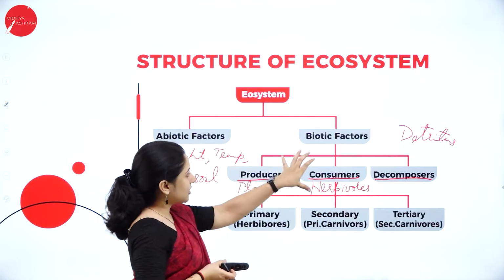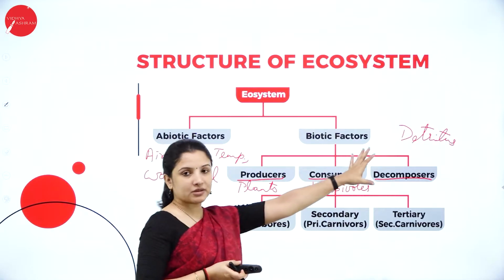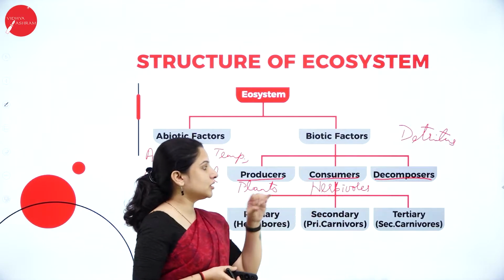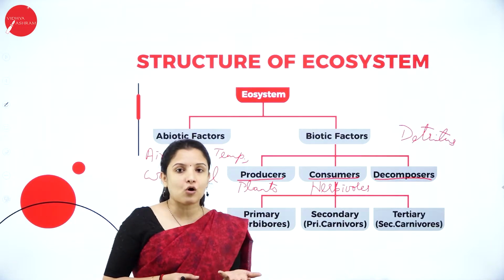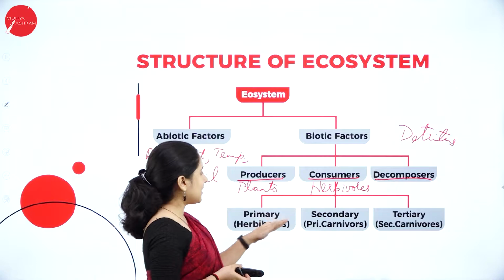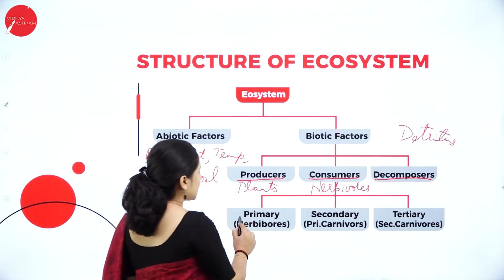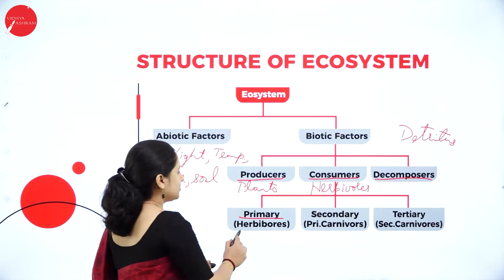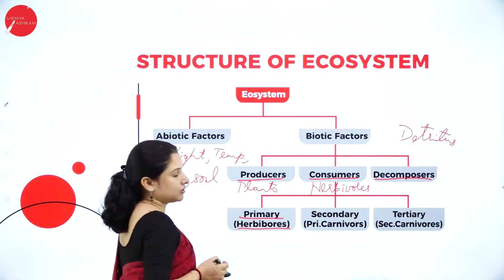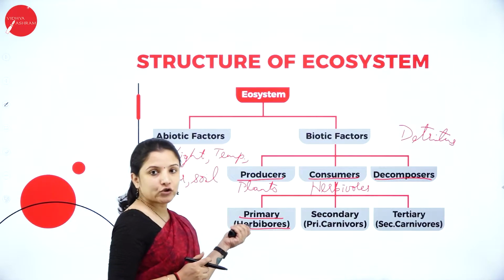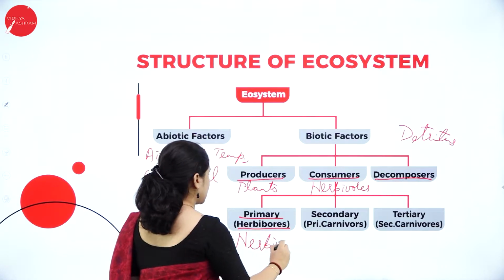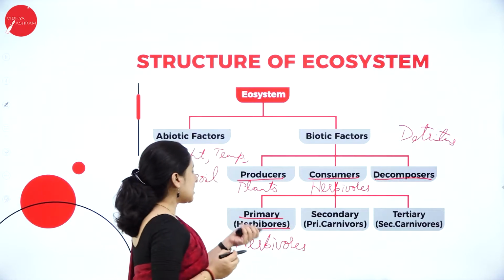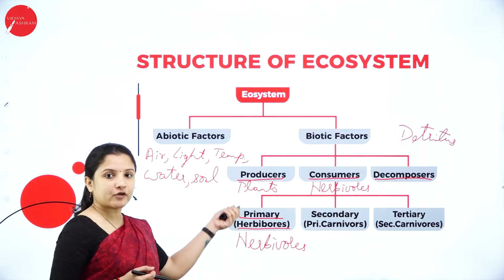So the biotic factors are producers, consumers and decomposers. Again in consumers, when I said consumers, they are the organisms which eat something, right? They are again divided into primary consumers. So primary consumers are nothing but the herbivores. As I told you, herbivores are the ones which feed on the green plants.